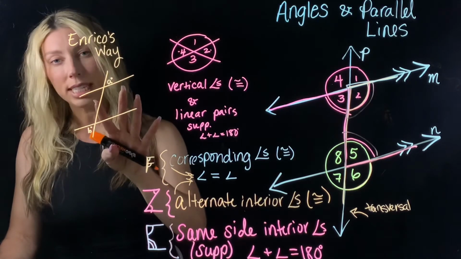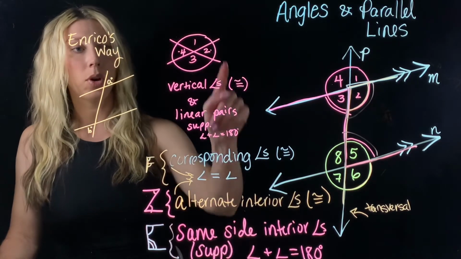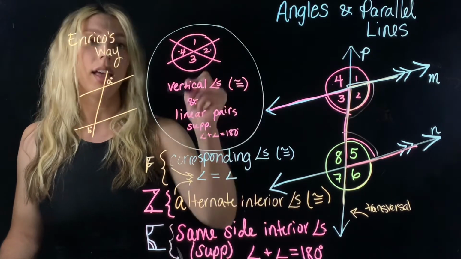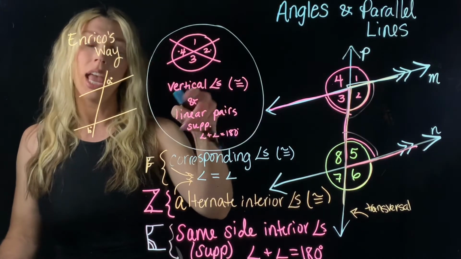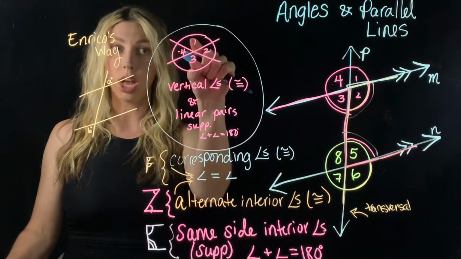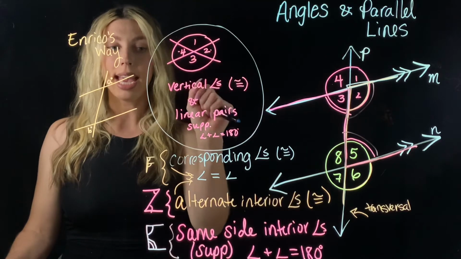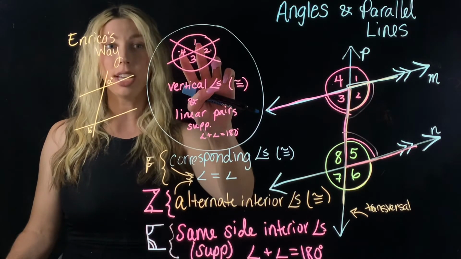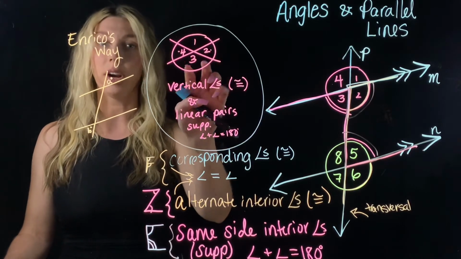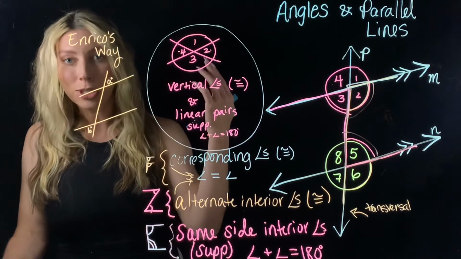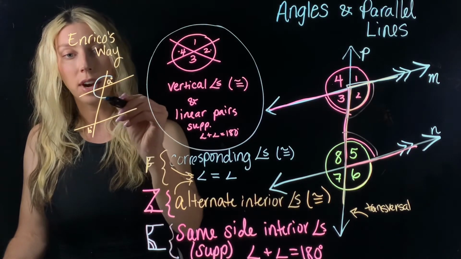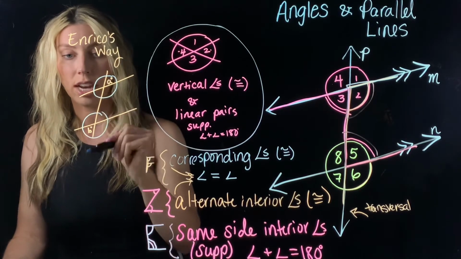But instead of memorizing that, he just remembered this main idea of when we have one intersection. He remembered that vertical angles are always congruent to each other when they're across from each other, and linear pairs, when they're adjacent next to each other and form a straight line, he remembered that those were supplementary. And what he would do is take whichever angle he wanted and transfer it to the other intersection.